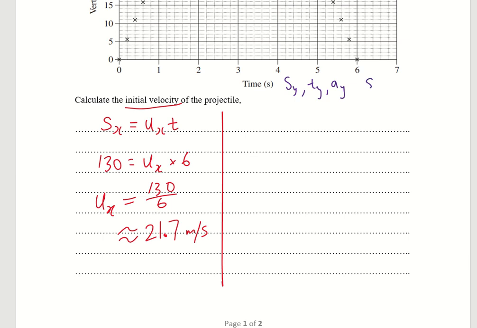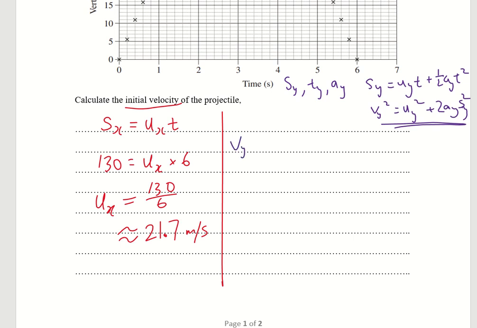You can either use this one here, or you can use this one here. As you know, when we reach maximum height, the velocity at that point is equal to 0. So you can use either of those two equations. I'm going to use this one here.